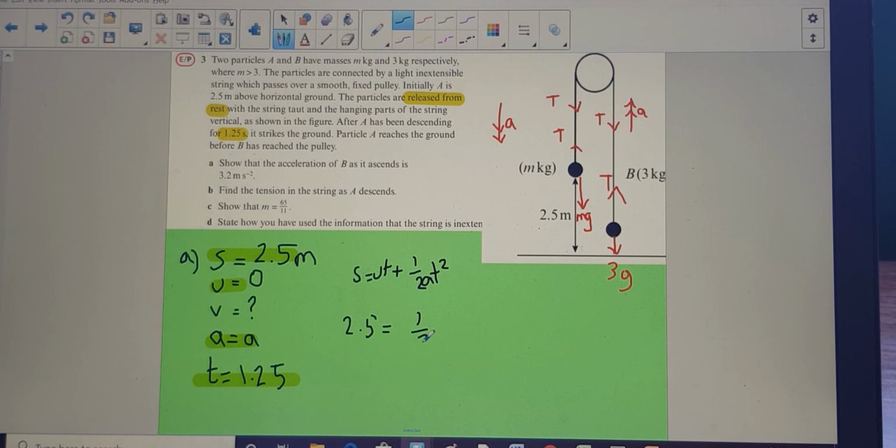Then I've got half A, which I don't know, times t, which is 1.25, that's then all being squared. Rearrange, and you should work out that the acceleration, that's a very small a, is equal to 3.2 meters per second squared. Okay. That's part A done. Right, part B coming up.